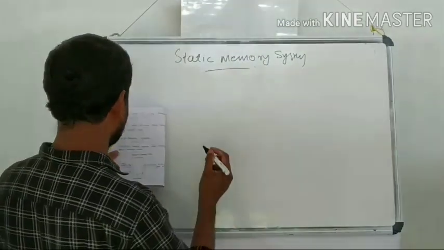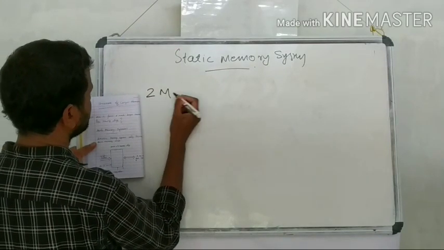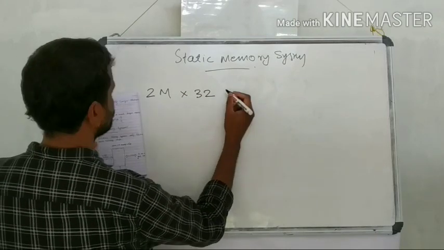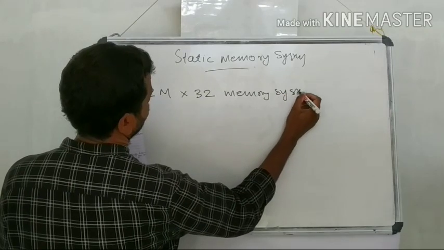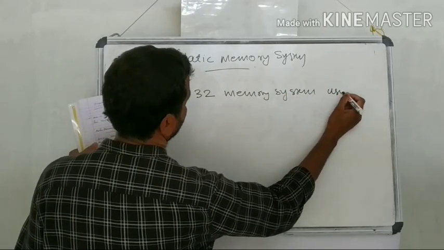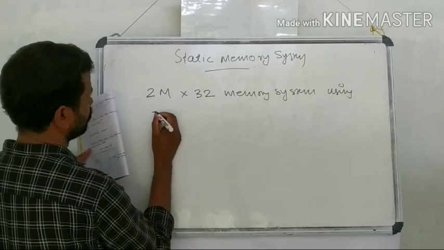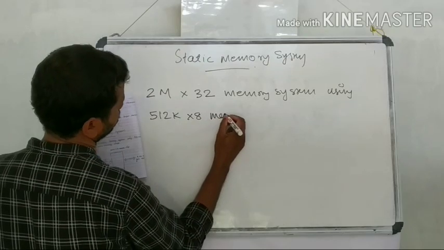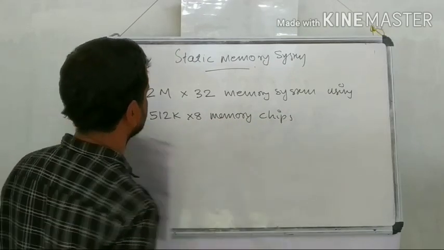Let us consider that we have to form a memory system of 2M into 32 using 512K into 8 memory chips.